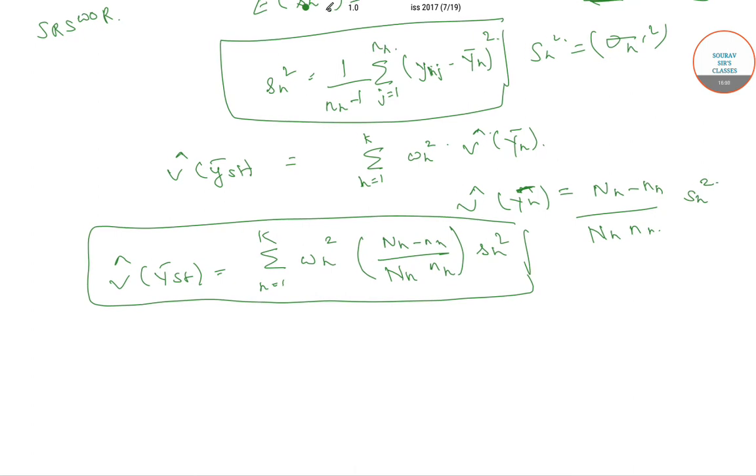Similarly, in case of simple random sampling with replacement, that is SRSWR, we would have the estimated variance of ȳ_st equal to the summation h goes from 1 to k of W_h² s_h² divided by n_h, where s_h², as said before, is equal to 1/(n_h − 1) into the summation j goes from 1 to n_h of (y_hj − ȳ_h) whole squared.